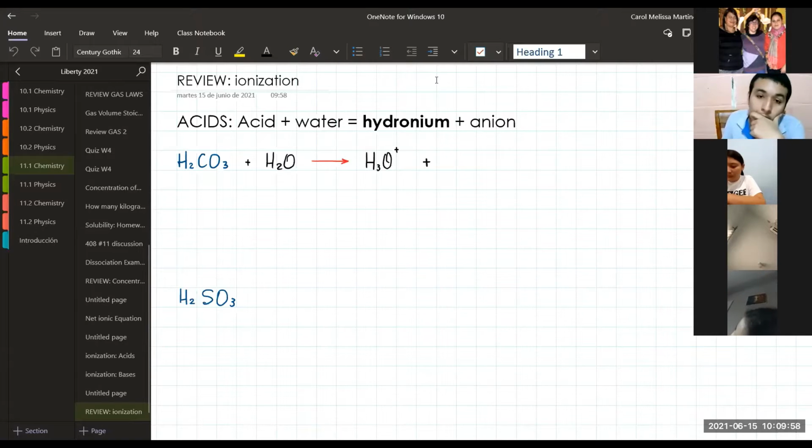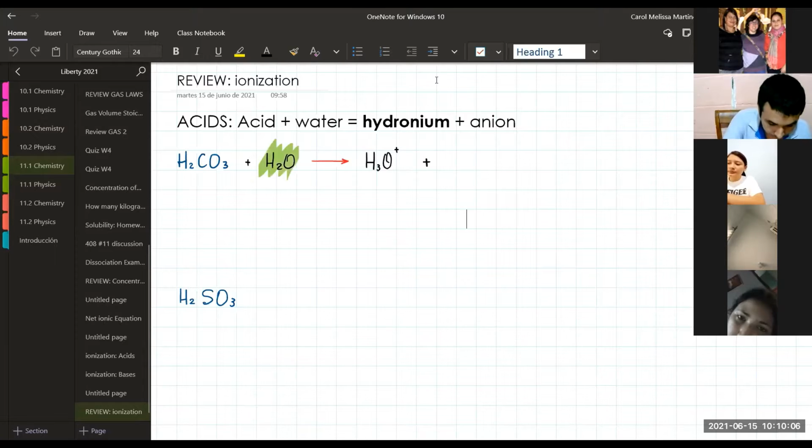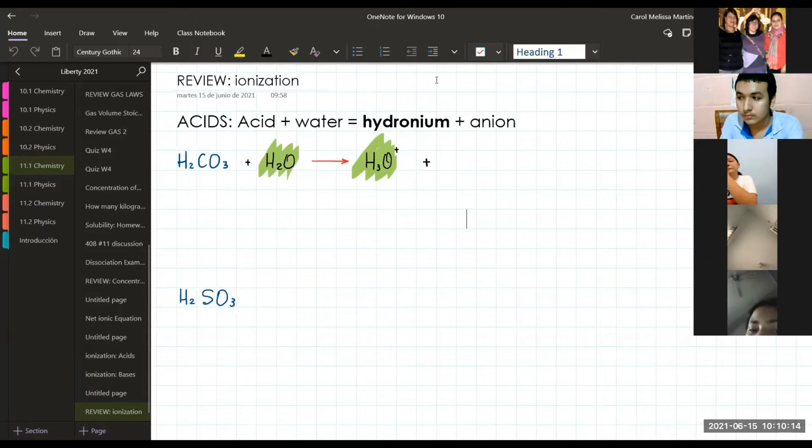Now, how is this anion going to look like? Take a look. Hydronium has a formula like water, okay? But it's water plus one more hydrogen. That's what it means, the hydronium.